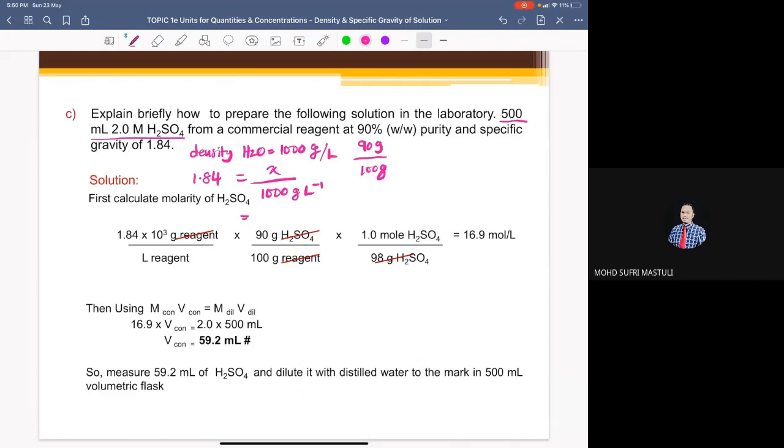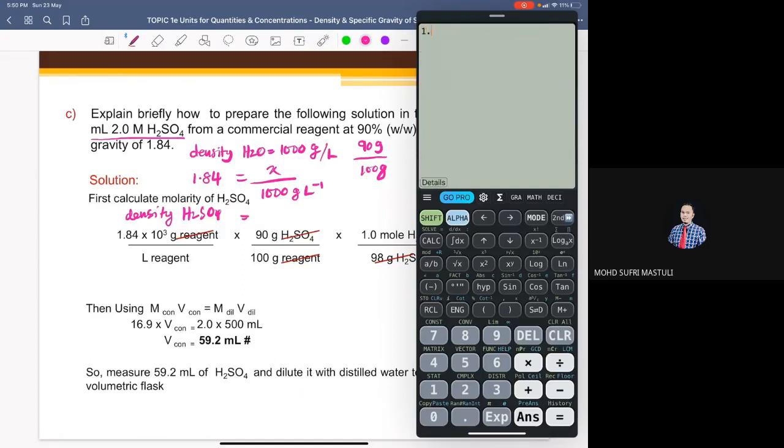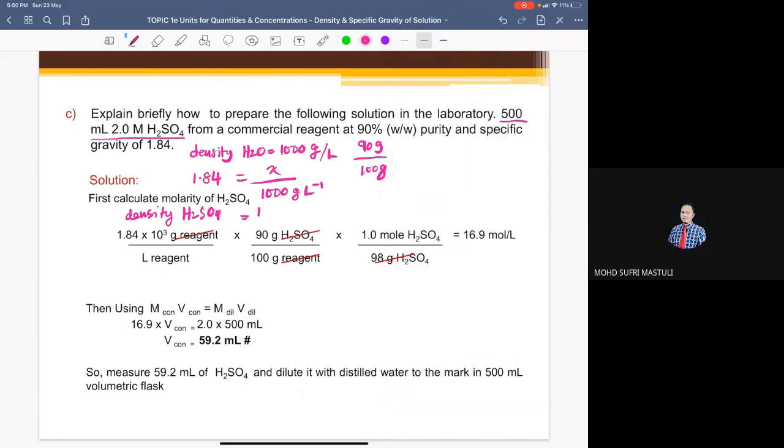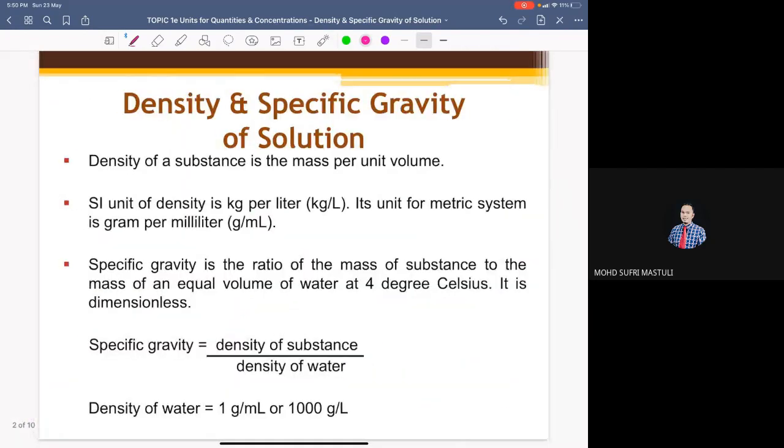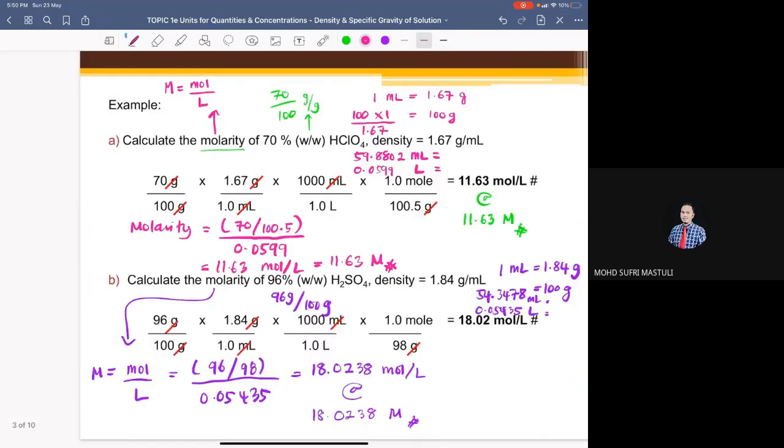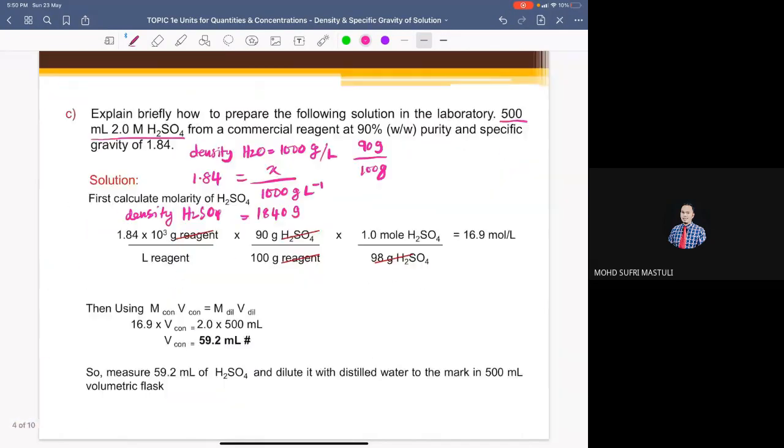So the density of H2SO4 will be 1.84 times 1000, so 1840 gram per liter. Okay.